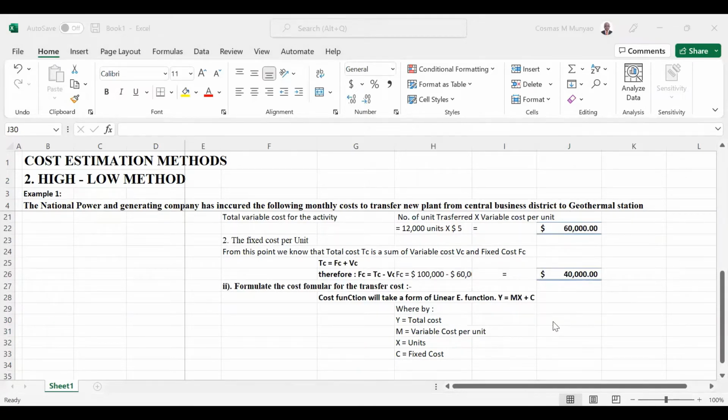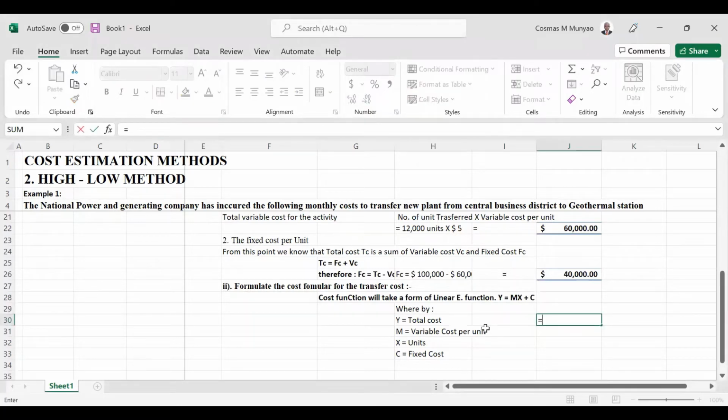We will form it here in Excel: equals y, dollar sign, close, dollar sign, close, and this is now fixed costs or variable costs.